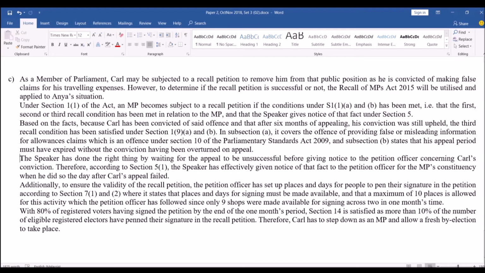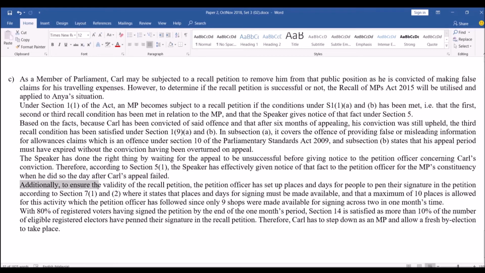Next, the speaker has done the right thing by waiting for the appeal to be unsuccessful before giving notice to the petition officer concerning Carl's conviction. Therefore, according to section 5 sub 1, the speaker has effectively given notice of that fact to the petition officer for the MP's constituency when he did so the day after Carl's appeal failed.